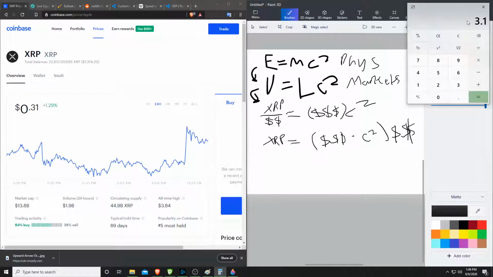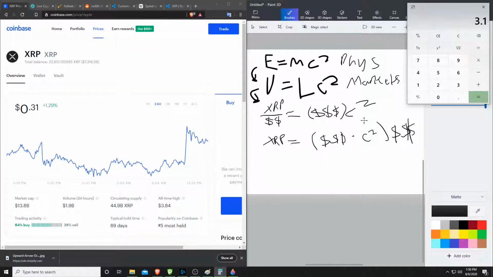So this is the ratio of our XRP to our dollar bills, which is now equal to the number of dollar bills, the liquidity inside of a market, times the speed of light. So our XRP is going to be worth 1 times the speed of light if you believe in all this scientific mathematical theory that is based on factual evidence.